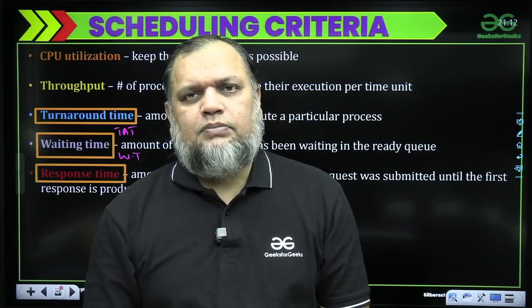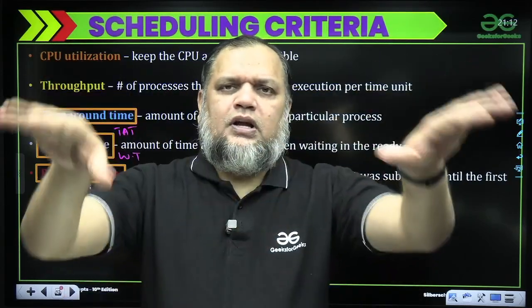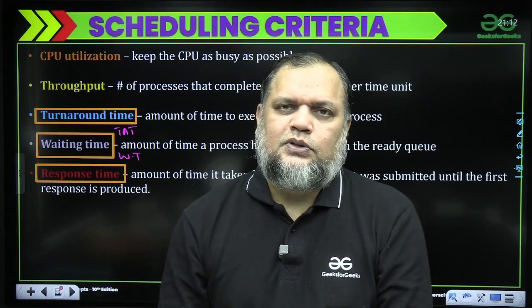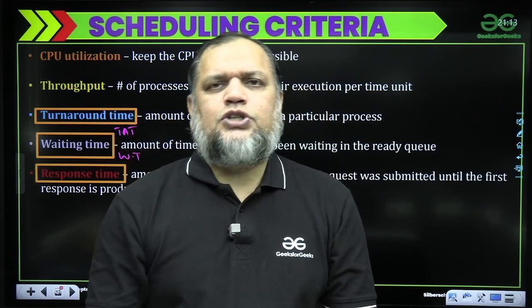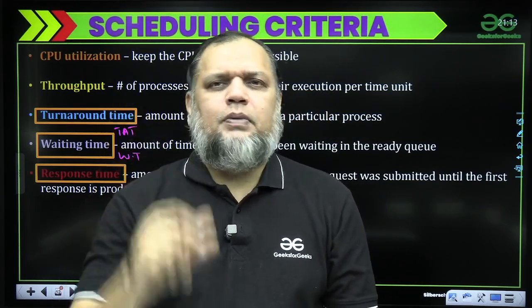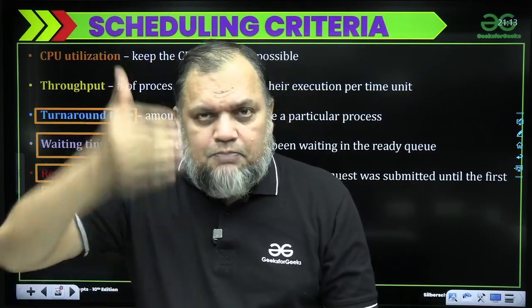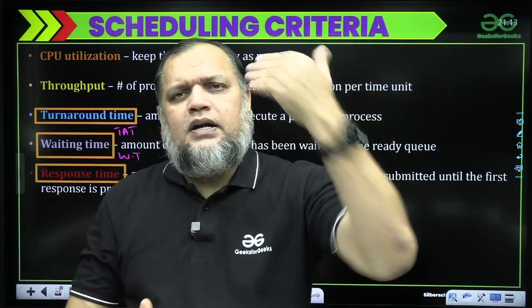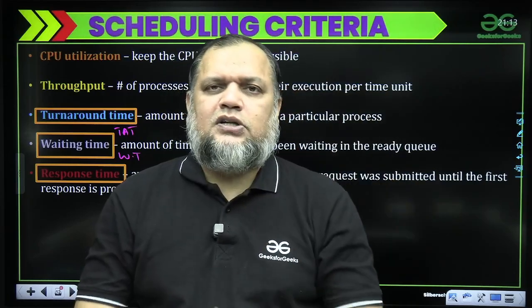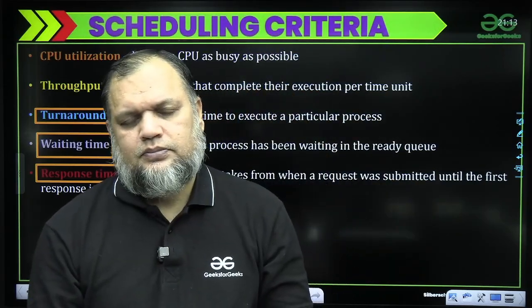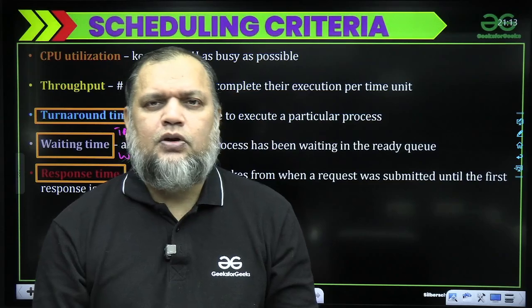If you want more examples, maybe in a physical classroom, the teacher like me asks a question to the class, say that whoever gives the answer will be rewarded. Then the students start working. So from the moment I complete my question to the moment some student gives the answer, that is called response time. Hope you understood the meaning of response time.